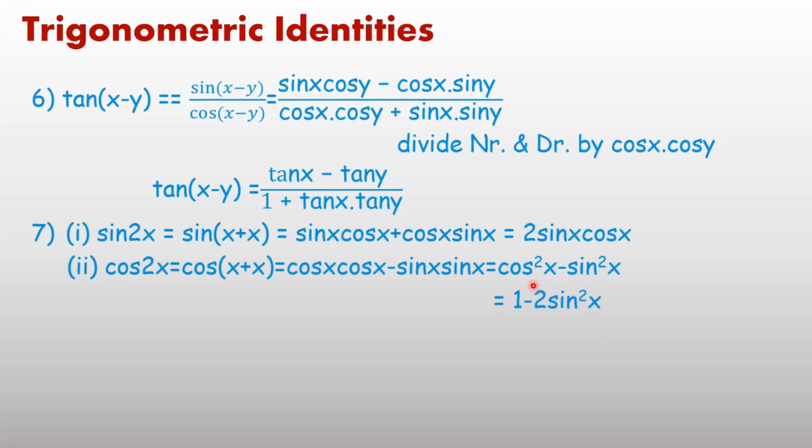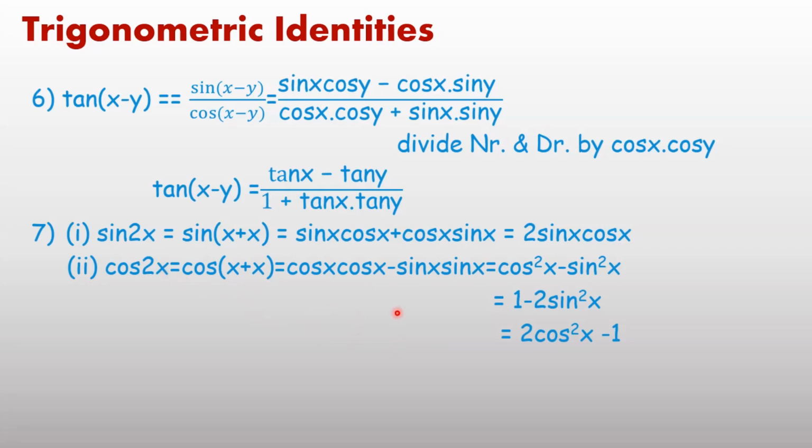Or also, in place of cos square x we can write 1 minus sin square x: 1 minus sin square x minus sin square x, which is 1 minus 2 sin square x. Or one more option, in place of sin square x write down 1 minus cos square x. The result you will get is 2 cos square x minus 1.